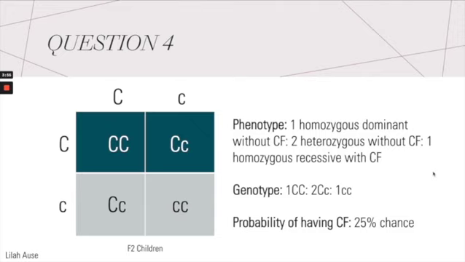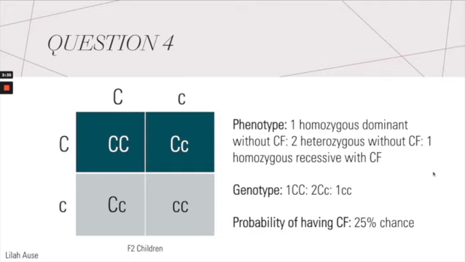By creating a Punnett square, we can figure out that their children will have a 25% chance of inheriting CF, if you look at our little Punnett square over here. They would only inherit CF if they inherited both recessive alleles. So the phenotype would be 1 homozygous dominant without CF, 2 heterozygous without CF, 1 homozygous recessive with CF.